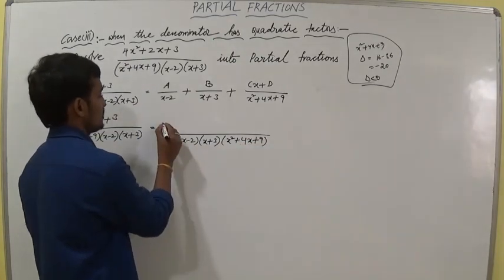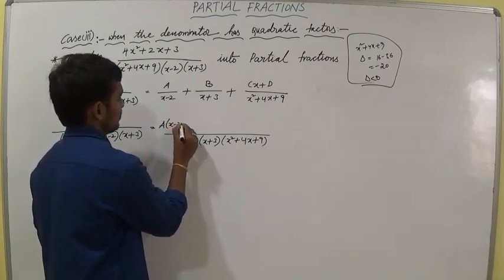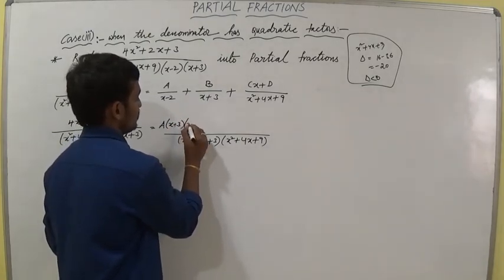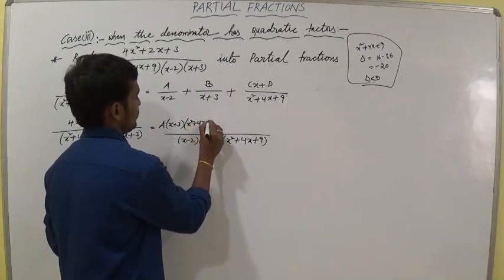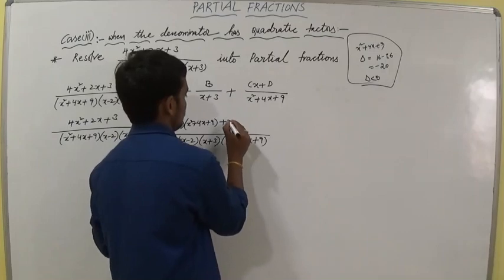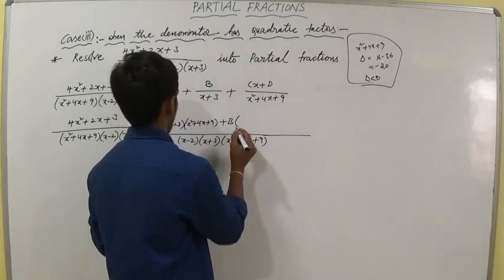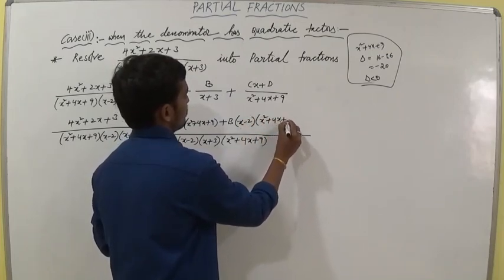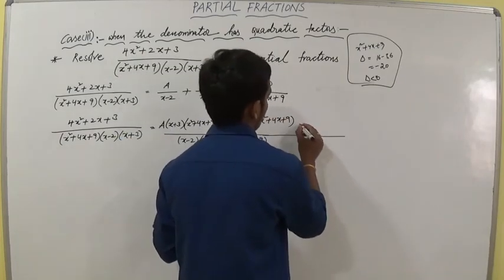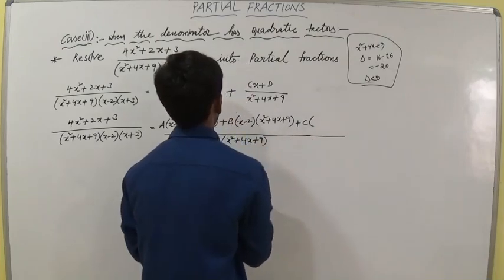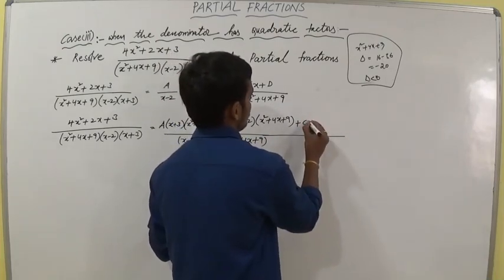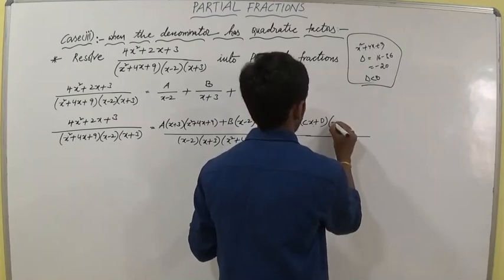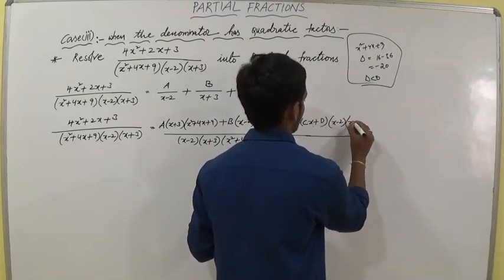The x minus 2 cancels, so a into x plus 3 into x square plus 4x plus 9, plus b into x minus 2 into x square plus 4x plus 9, plus cx plus d into x minus 2 into x plus 3.